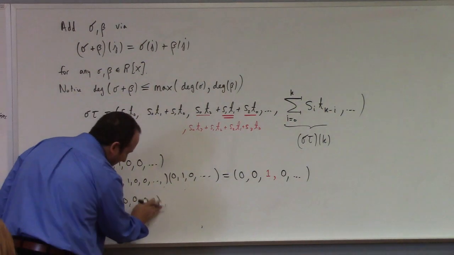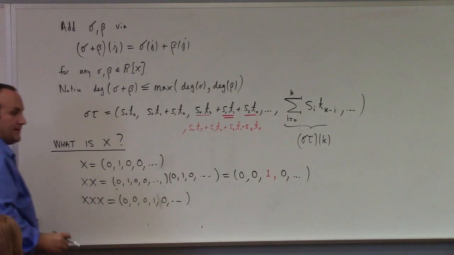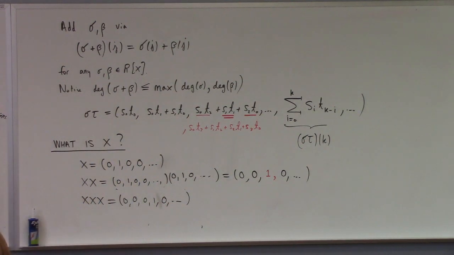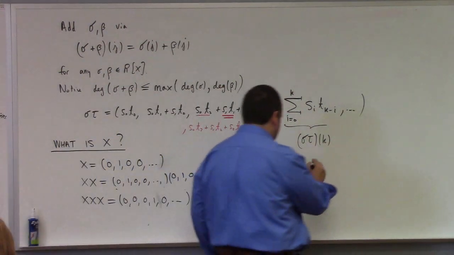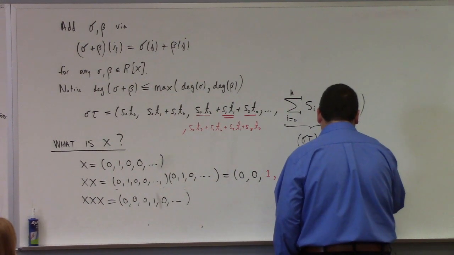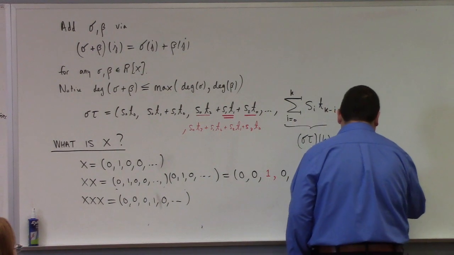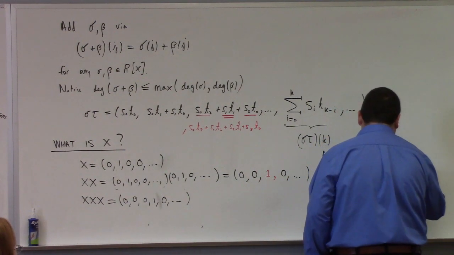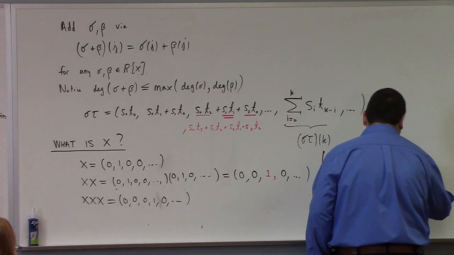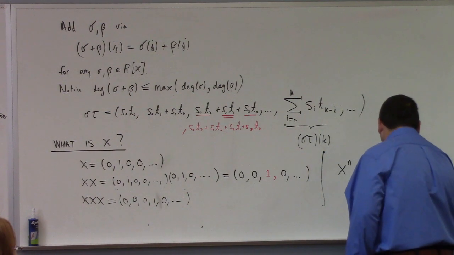And that doesn't stop there. It keeps going, and this trend continues. So generically speaking, x to the power n is equal to 0, 0, 0, 1, 0, ... There are n zeros before the 1. This is in the (n+1)th spot.